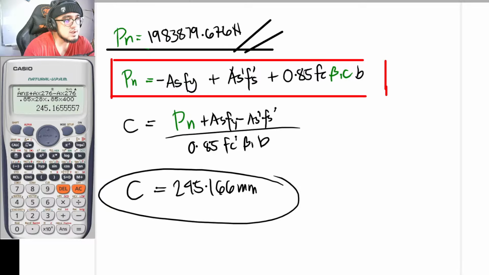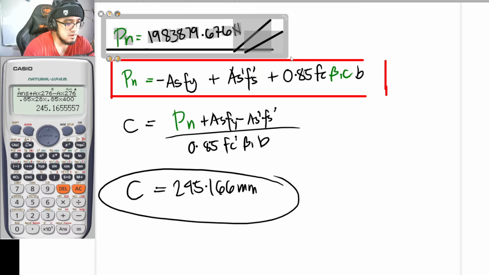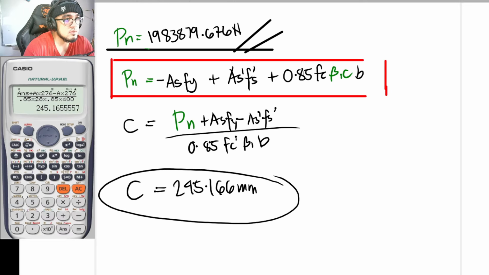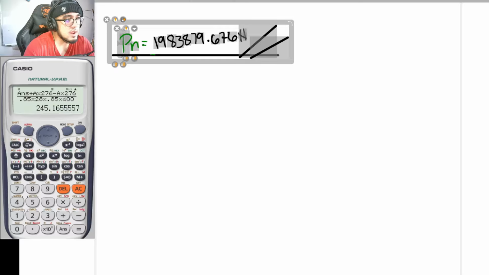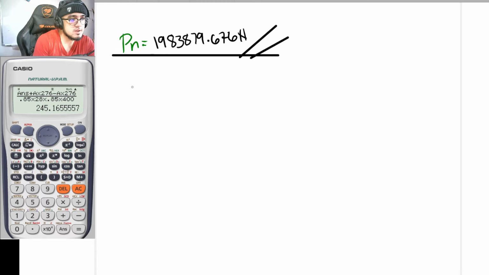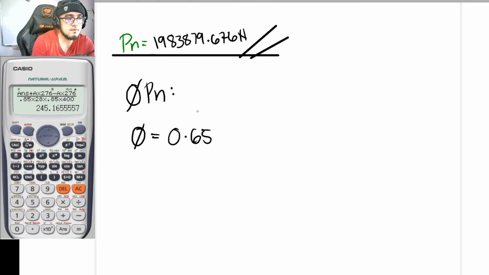And for our design strength, just multiply it by your phi. So if this is your Pn, for our design strength, this is phi Pn. And since this is a tied column, our phi for tied columns is 0.65, if you can remember.